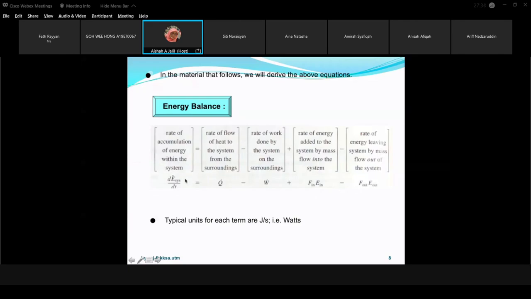So from here you can see the typical units for each term are joules per second, or watts.